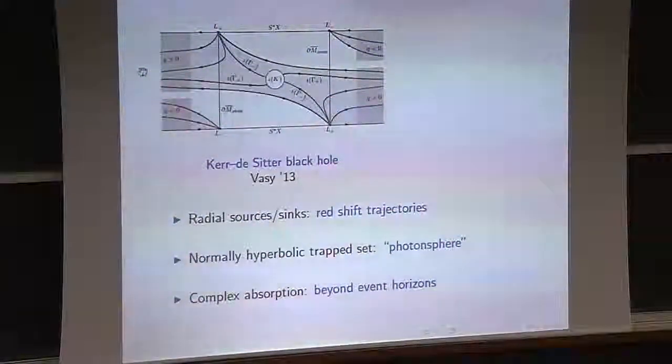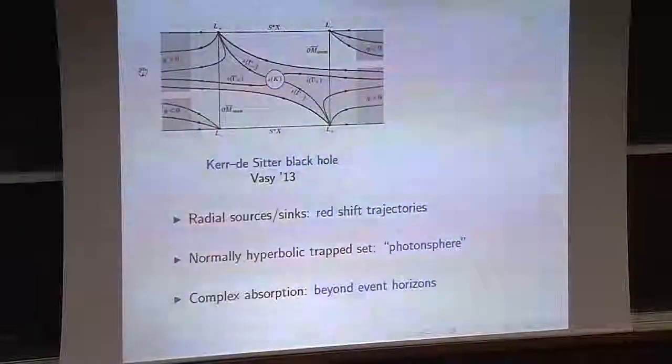So this, roughly speaking, are the event horizons, and you put some complex absorbers beyond the event horizons to obtain Fredholm properties. So that's basically all I want to say. This is a point of view developed by Vasy, and his talk and Dyatlov's talk will provide more information.